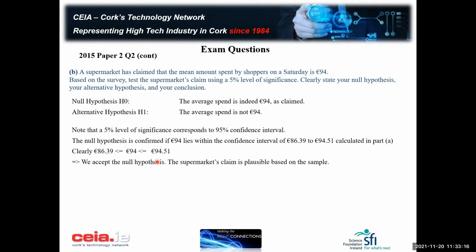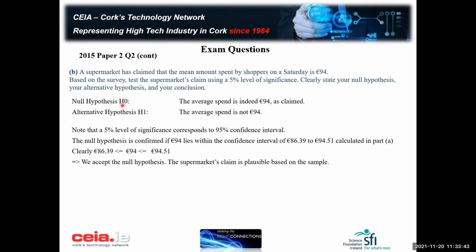Okay, now following on that same problem, we're looking at a claim, and they say test the supermarket's claim. When you see test, you know you're doing hypothesis testing. So state your null hypothesis, your alternative hypothesis, and your conclusion.